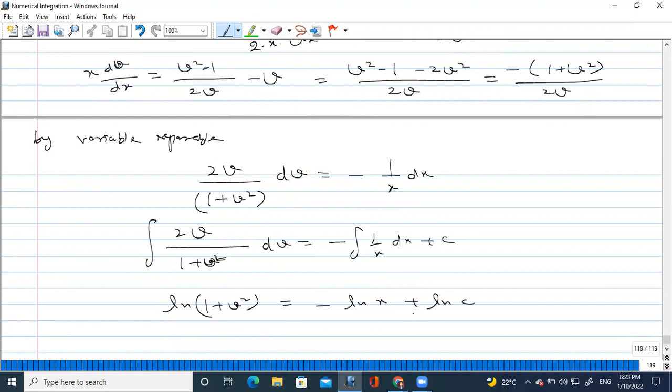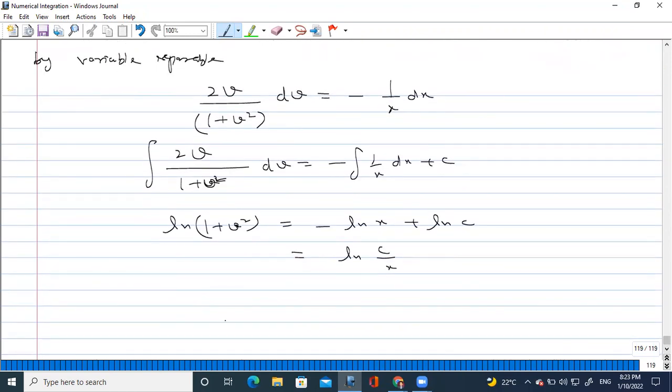So it will become ln c by x, because this is minus, so it will go in the denominator. So this is ln of 1 plus v square.